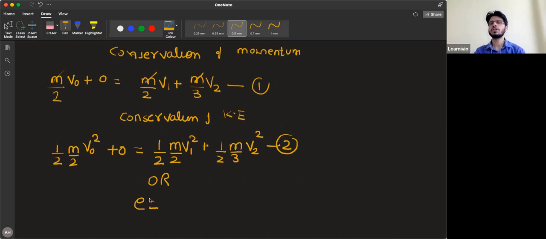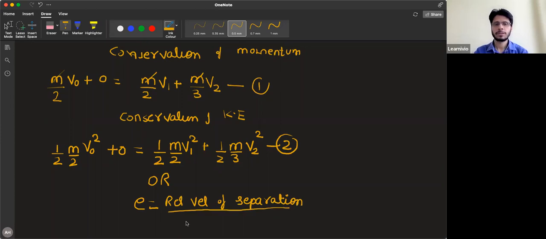For a collision, the coefficient of restitution is the relative velocity of separation divided by the relative velocity of approach.